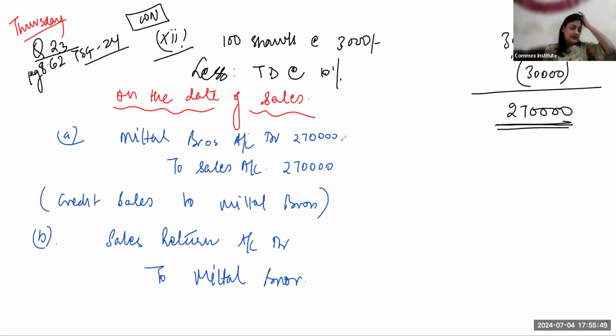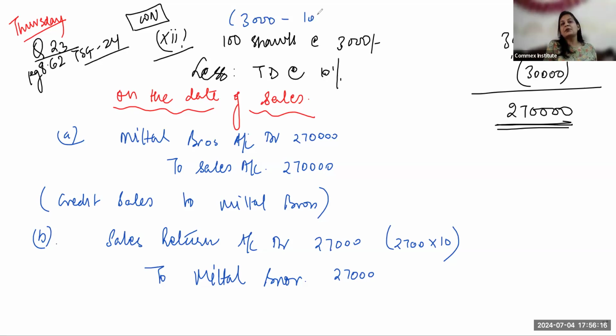How many shawls have we returned? We have returned 10 shawls. So either you can take 10% of 2,70,000, that is 27,000, or you can take 2,700 into 10. Because the price of one shawl is 3,000 minus 10%, so each shawl costs 2,700.